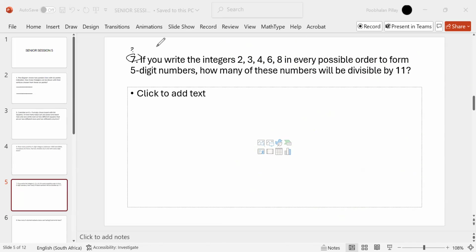The reason why this is 7 is that we are doing session 5, and if you go to the problem book where all the problems are, this particular problem is number 7.